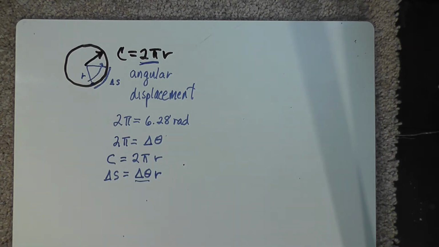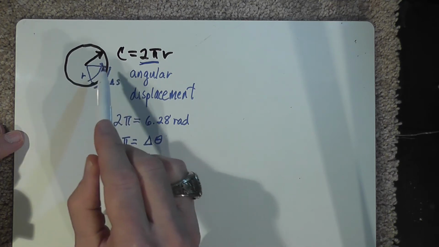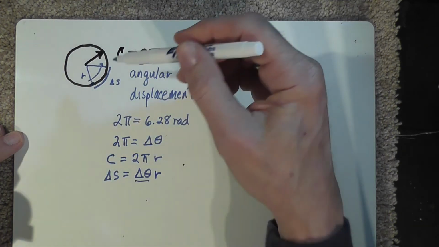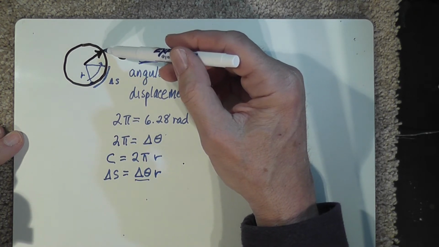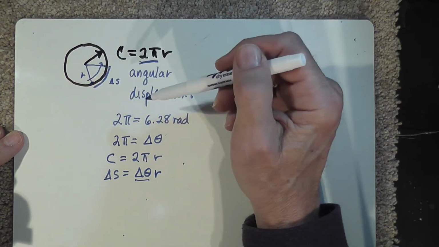Okay, so let's look at another concept, and this is going to be angular velocity, because as we are rotating around at a certain speed, there's a couple things happening. There is velocity of the wheel, which is in meters per second, and there is also angular velocity. So we need to equate those two things.